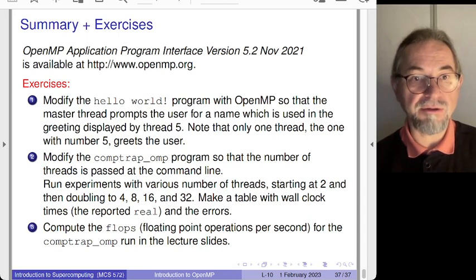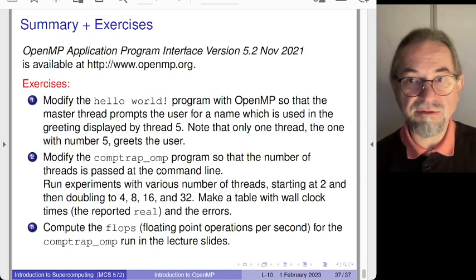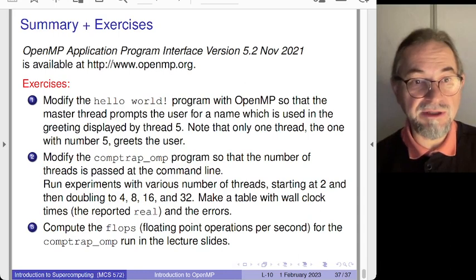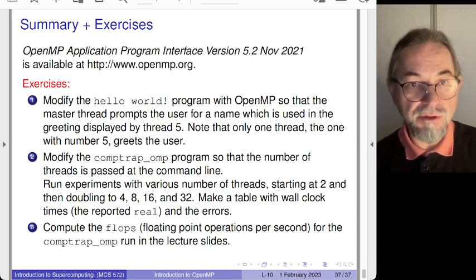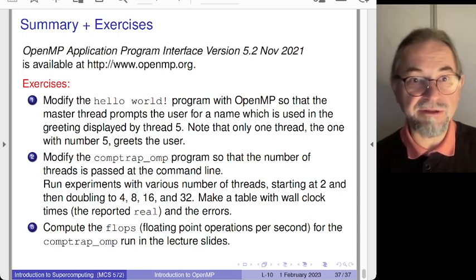In the hands-on supercomputing, you got access to a 44 core machine. So the second exercise here, working with 32 threads, should give you a realistic idea of what can be done.